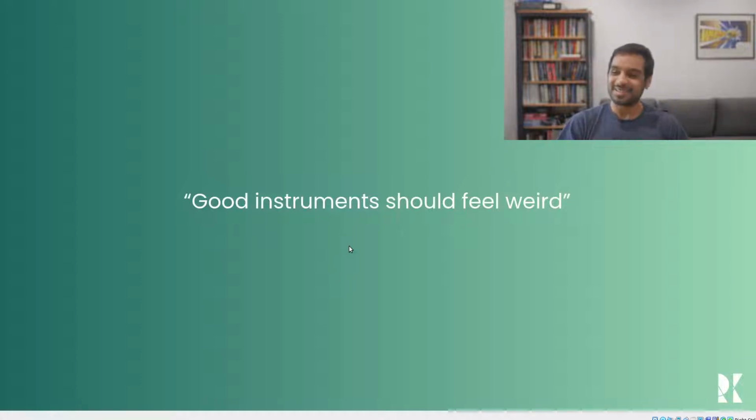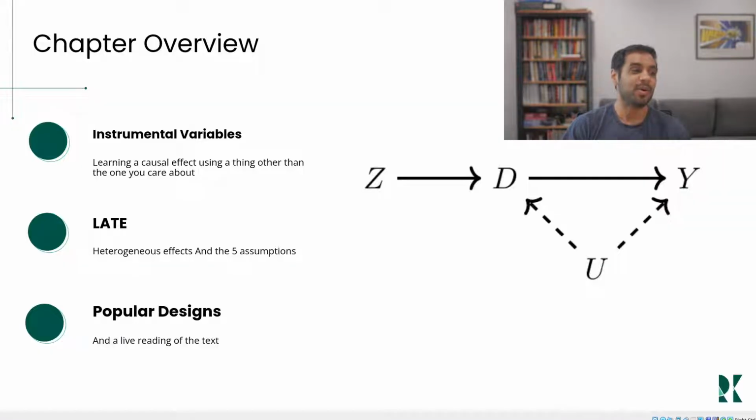But let's do the chapter overview really quick. The most important picture clearly was this DAG. So this part was really interesting about instrumental effects, and I'm going to recap it because this was the crux of this chapter. Let's say you have something of interest, like, do family sizes affect, I think it was, labor wages?